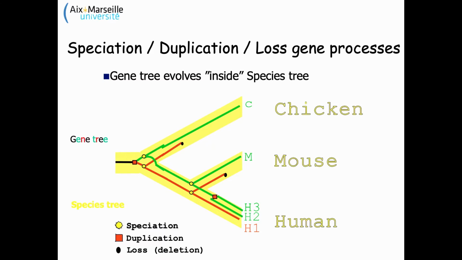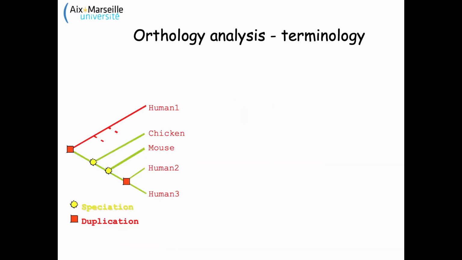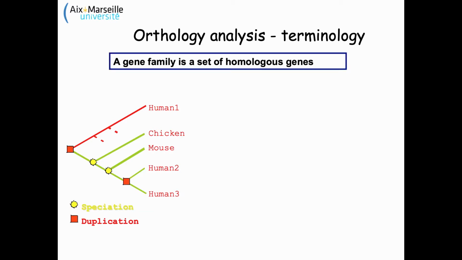Okay for everyone? So we are going to have some terminology. A gene family set is called homologous genes.